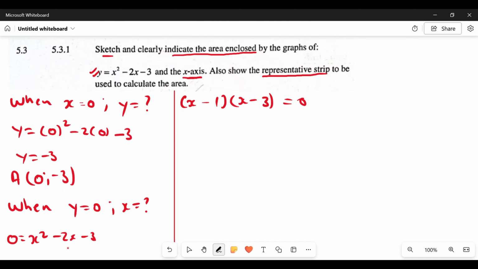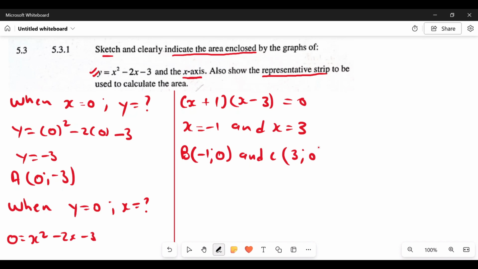The term in the middle has a negative sign, which means the bigger factor of 3 is going to take the sign in the middle, which is negative 3. So the smaller factor is going to be positive. From here we can say x is equal to negative 1 and x is equal to 3. So point B has the coordinate negative 1 and 0, and point C has the coordinate 3 and 0.